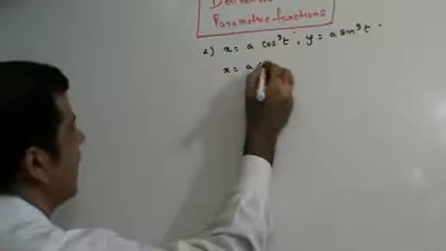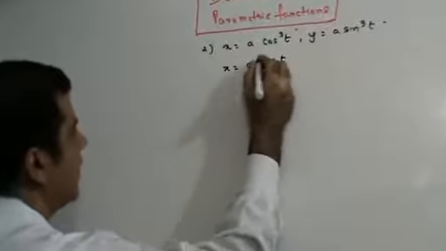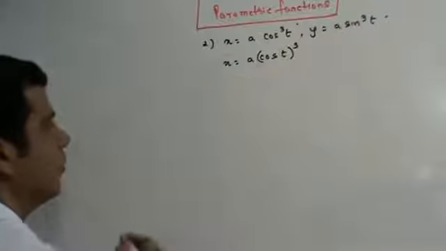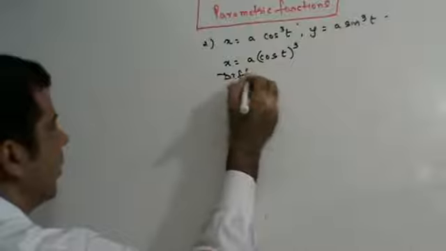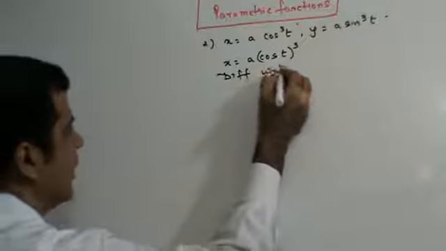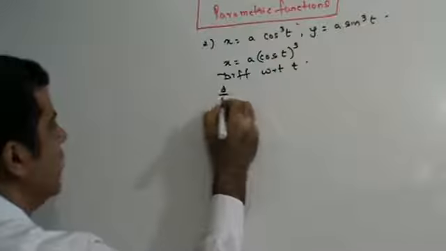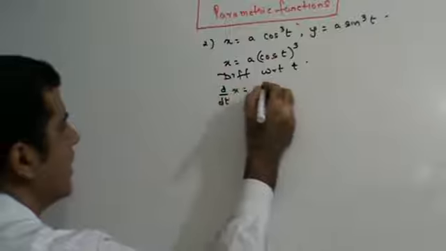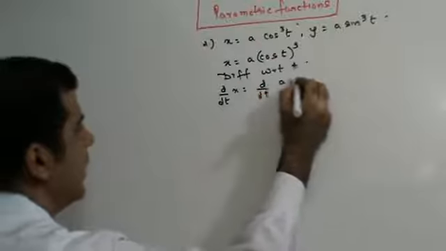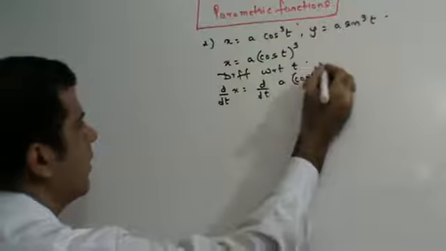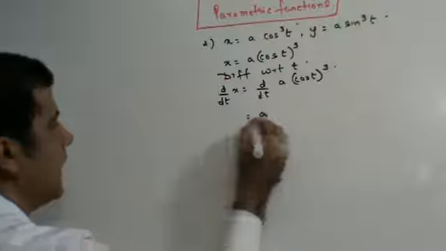X is equal to a cos cube t can be written as a cos t the whole cube. The variable on the right hand side is t, so differentiate with respect to t. So d by dt of x is d by dt of a cos t the whole cube, a as it is.